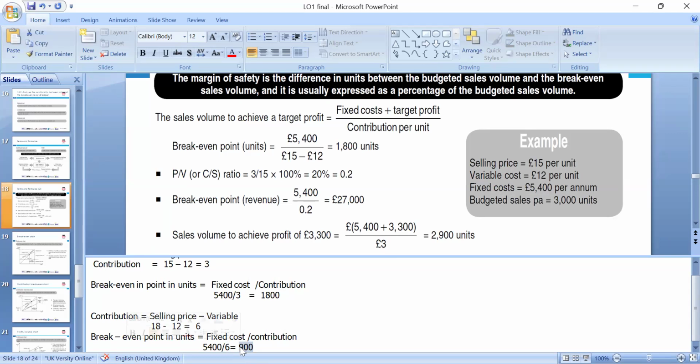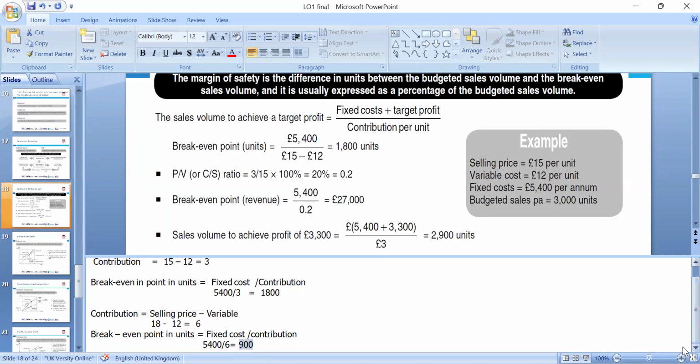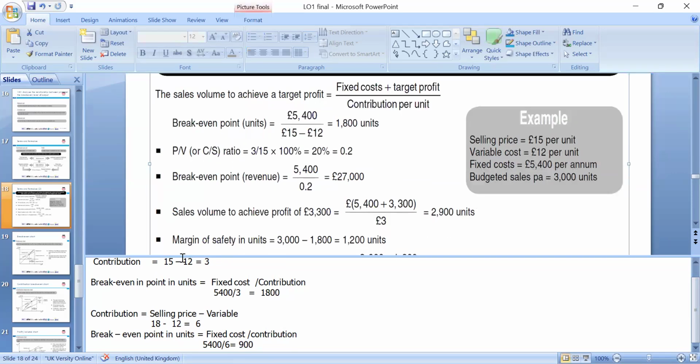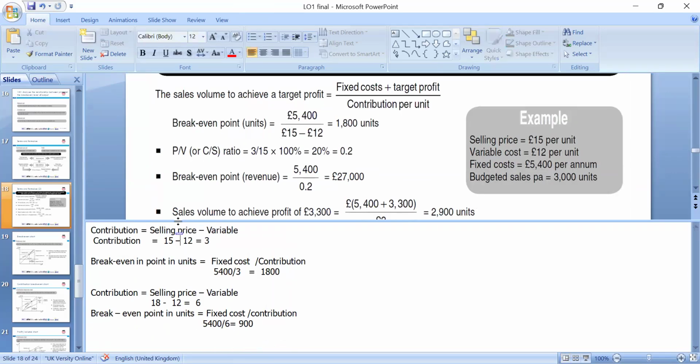If this is the units, and I ask how much that is worth in pounds, that will be the value of the sales. So how many units did we say you sell? 900 units times the selling price of 18 pounds. 900 times 18 gives you 16,200.